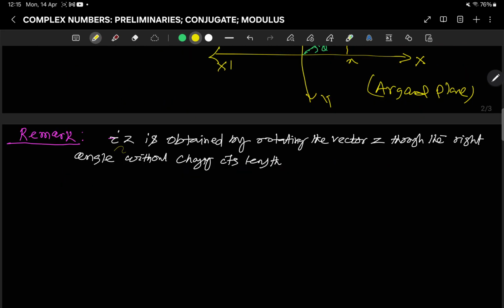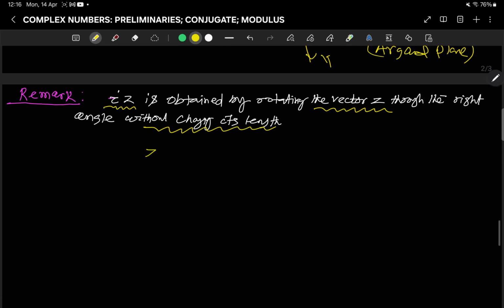I can say here, if z is a complex number, then iz is obtained just by rotating z through a right angle without changing its length. You see, what is your z? z is equal to r(cos theta plus i sin theta).